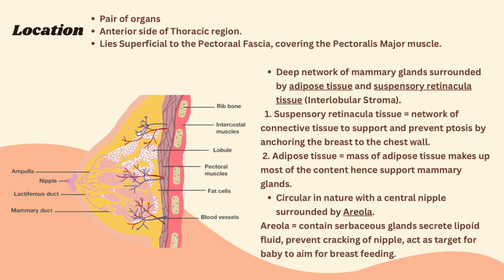It is circular in nature, with a central nipple surrounded by areola. The areola contains sebaceous glands that secrete lipoid fluid to prevent cracking of the nipple, and also act as a target for the baby to aim for during breastfeeding.